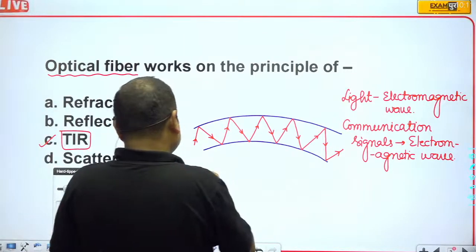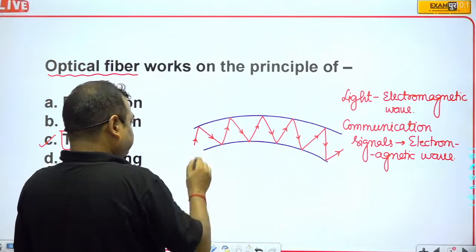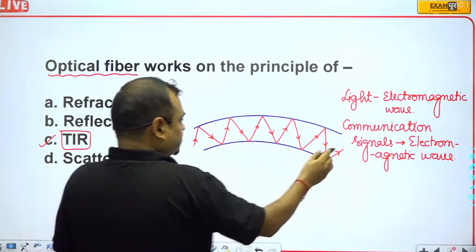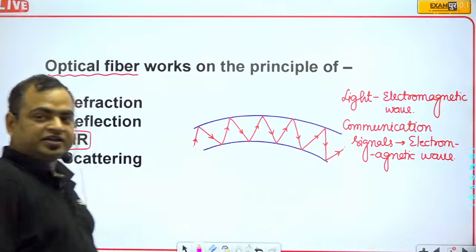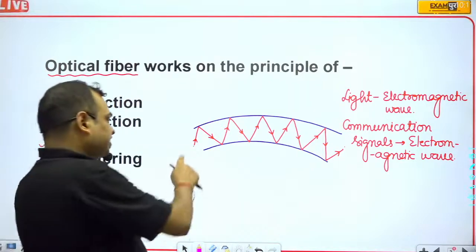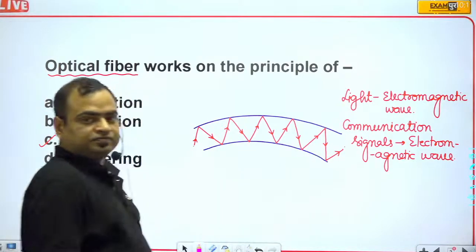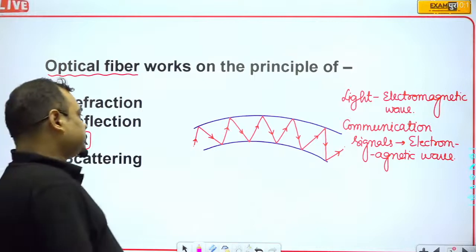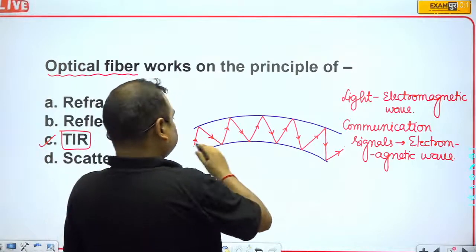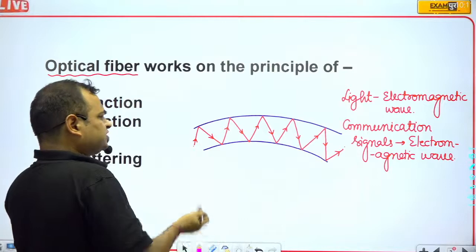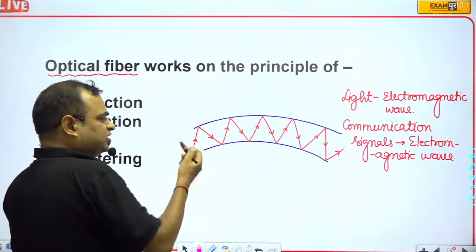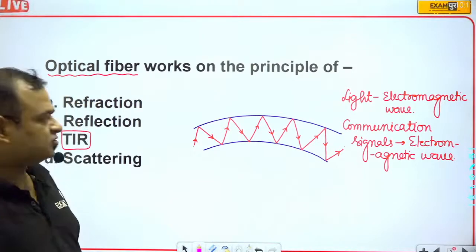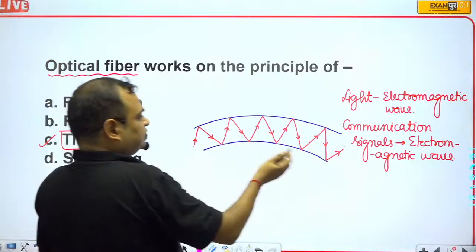If a light ray signal can propagate from one end to another end, then obviously another type of electromagnetic signal can also propagate from one end to another end.